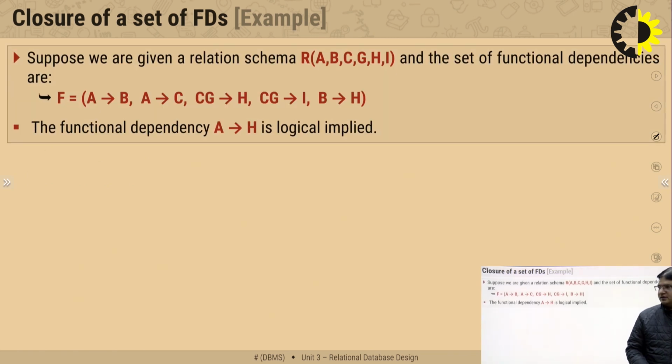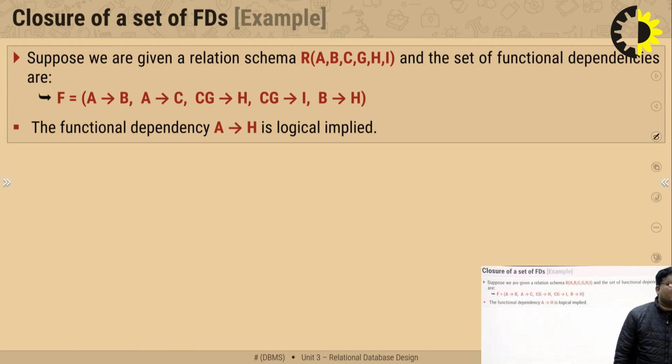Let us demonstrate it with the help of an example. Suppose we are given a relation schema R having the attributes A, B, C, G, H, I and the set of FDs are A determines B, A determines C, CG determines H, CG determines I and B determines H. Now from these FDs we have to derive new FDs using the inference rules.